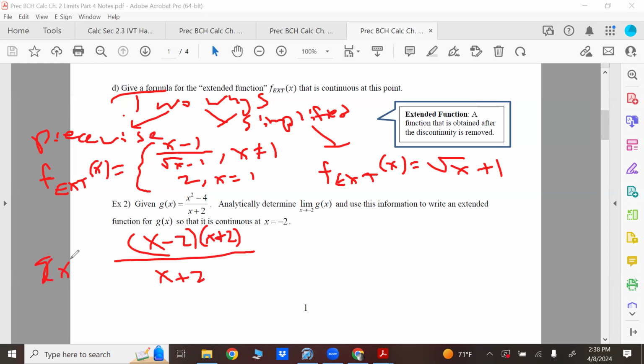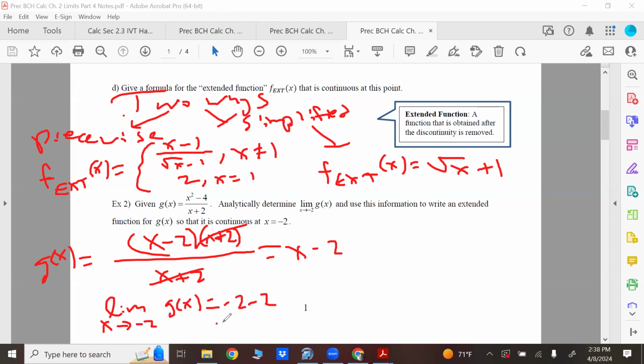That's totally a-okay. And then, of course, these cancel. So when you want to find the limit as x approaches -2, you just get -4.